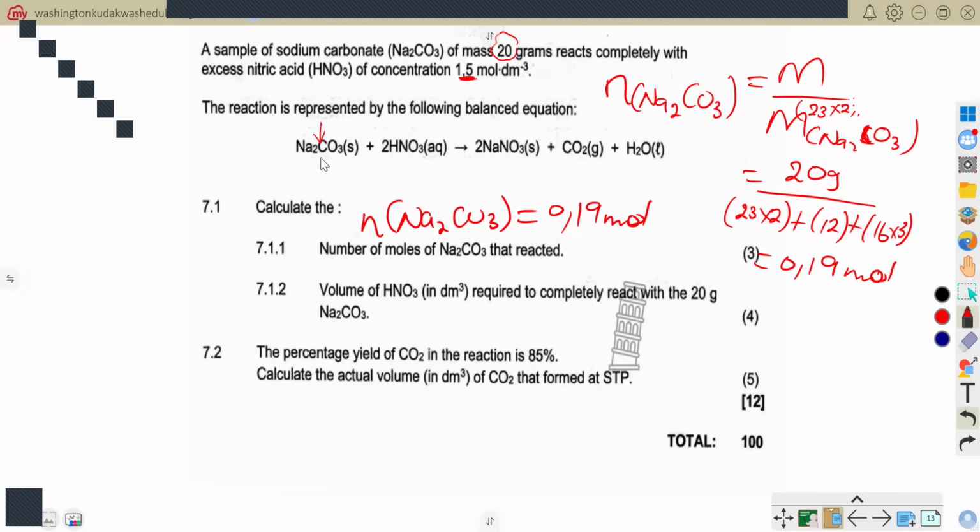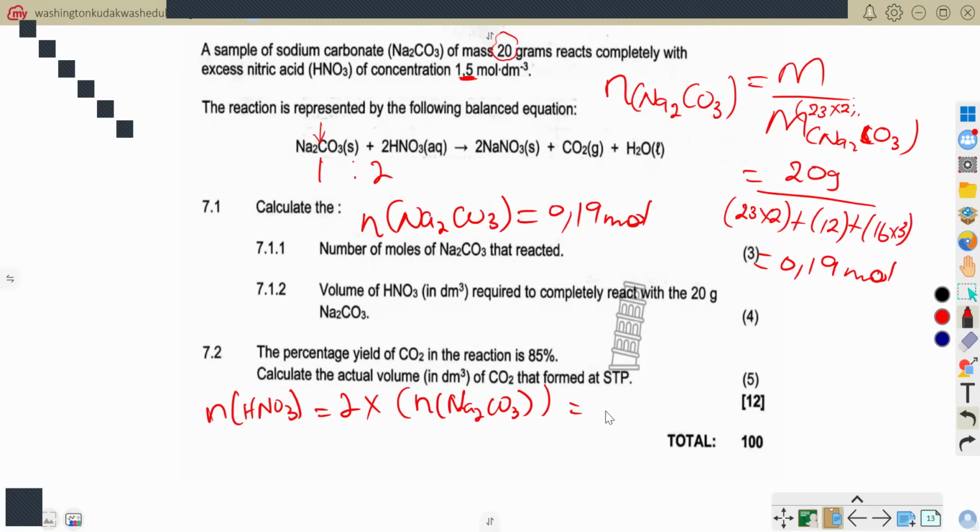So the mole ratio there is 1:2. If I have 0.19 moles of sodium carbonate, then I would have 2 times 0.19 moles of nitric acid. So the number of moles of nitric acid that reacted would be equal to 2 times the number of moles that we calculated for sodium carbonate.